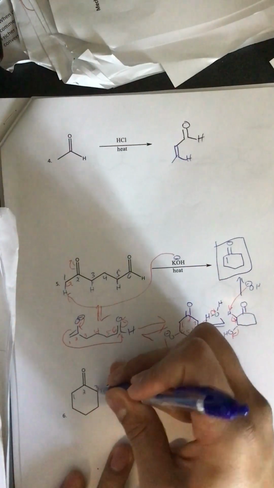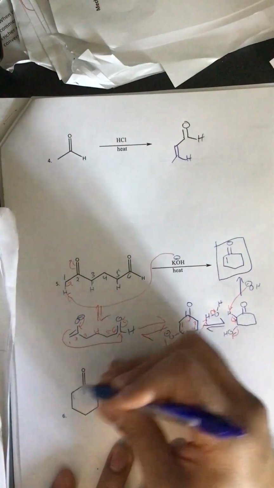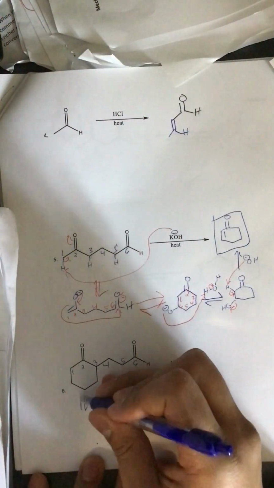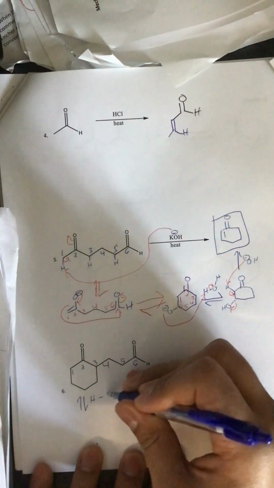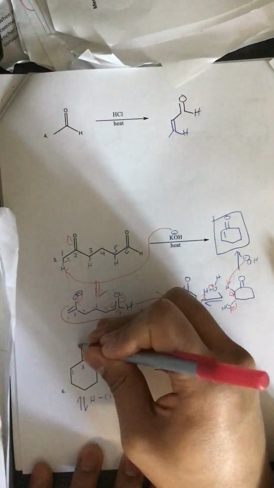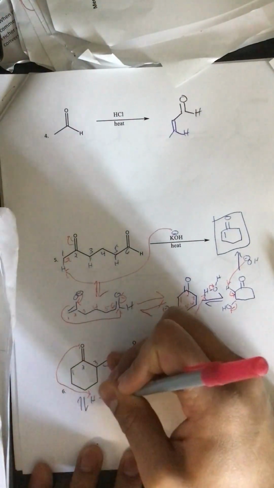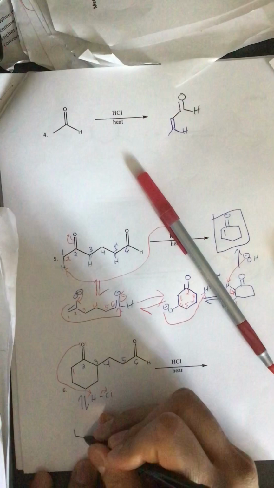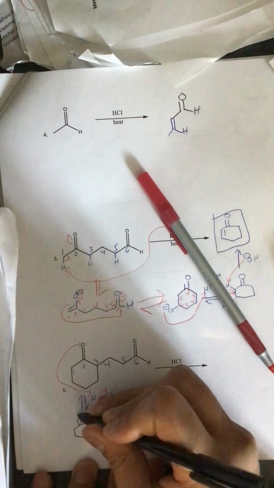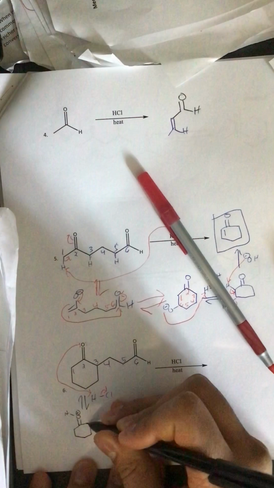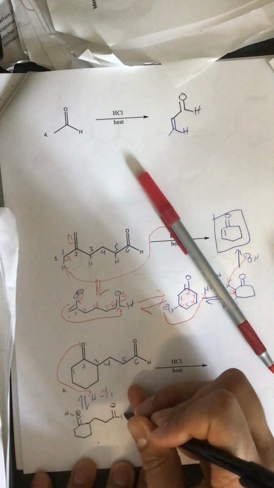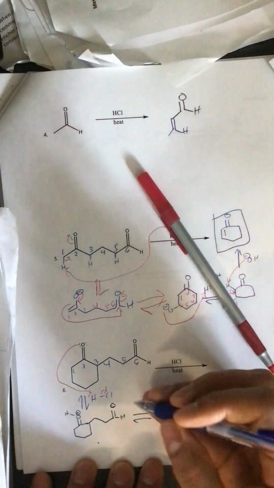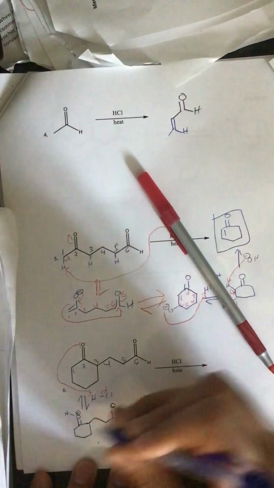Okay, for this one, we're going to react 1 and 6. So first we've got to make an enol. Then we can have our Cl minus.